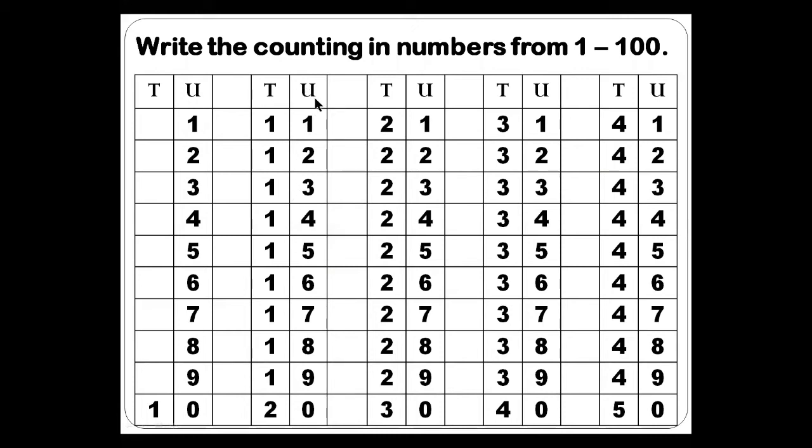Always give a space of one row between counting rows. When you write 1 to 10, leave one row, then start from 11 to 20, then leave one row and start from 21 to 30, as I have shared with you. You will leave one row after each counting.